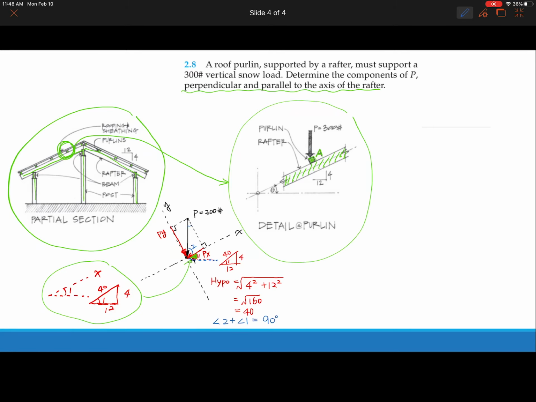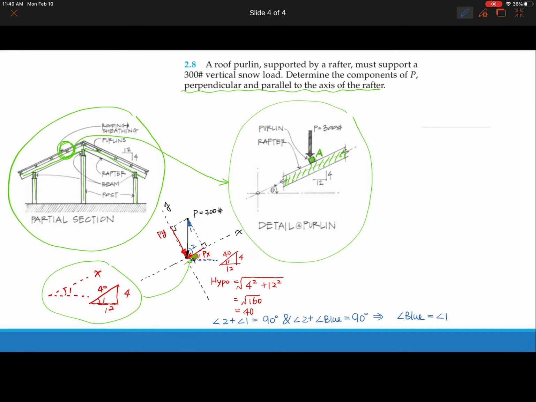Then look at the blue angle: because it's a right triangle, angle 2 plus the blue angle equals 90. If both happen at the same time, your blue angle equals angle 1. So the blue angle is also angle 1. Now you have found the similar triangle.